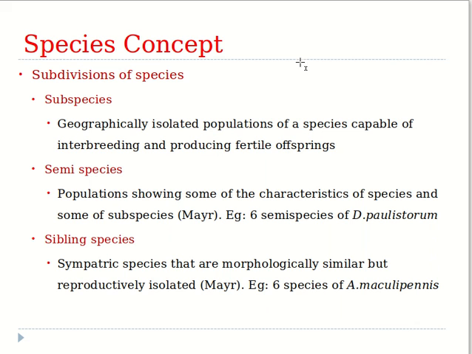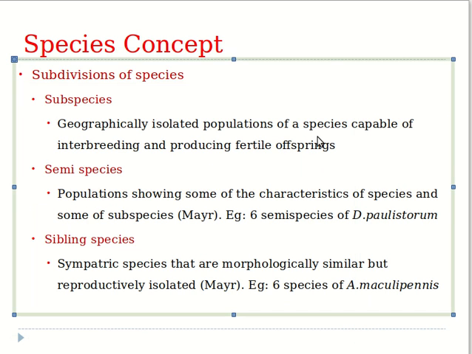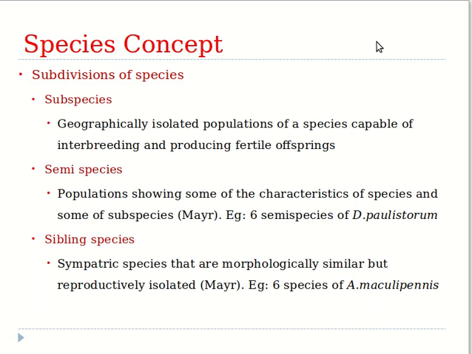Just imagine a species as having a population on either side of a hillock, a mountain. Since there is a mountain in between, the members of the two populations, even though they belong to the same species, may not be able to interbreed because of the geographic isolation, right. But when they come together, they can interbreed.